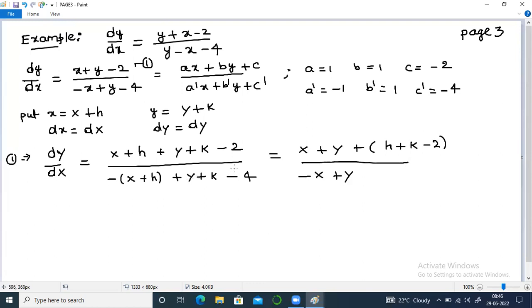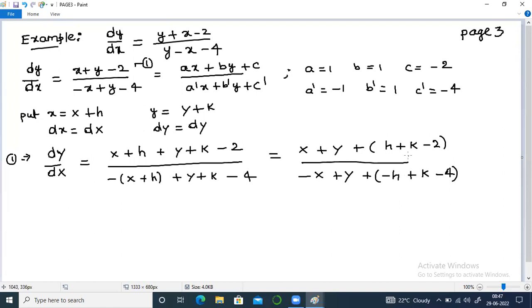X and Y terms I am taking on the front side, and later I am writing the constant terms. Now see, the terms in the bracket make my equation non-homogeneous.